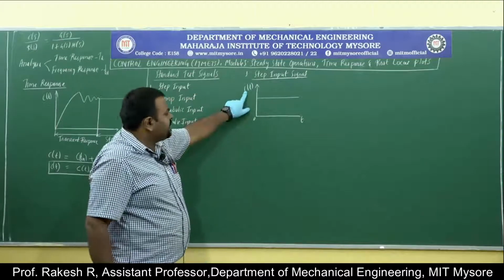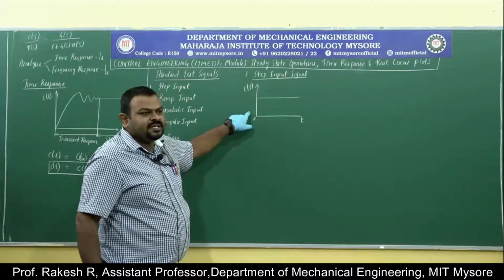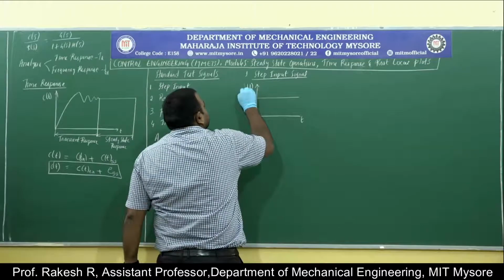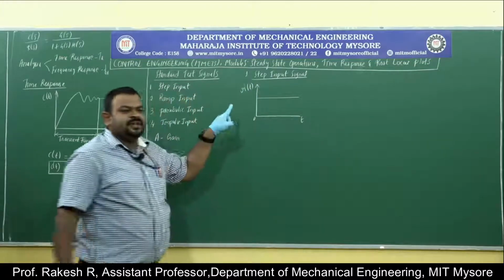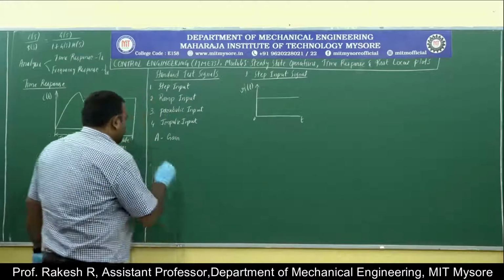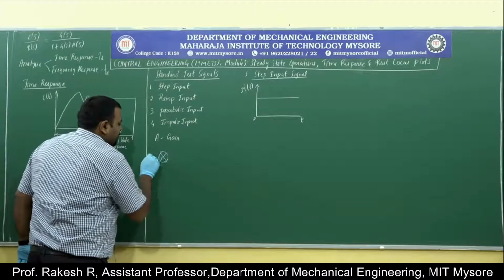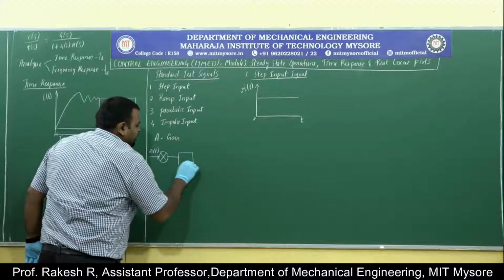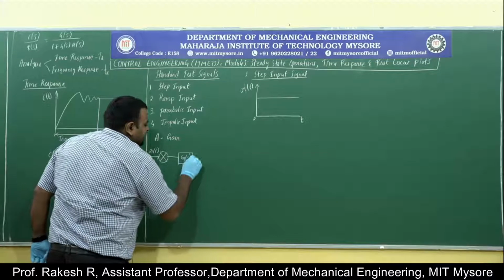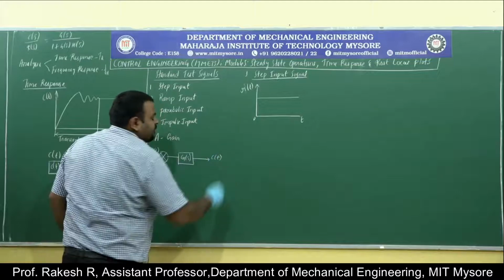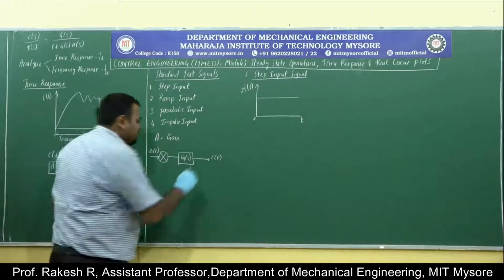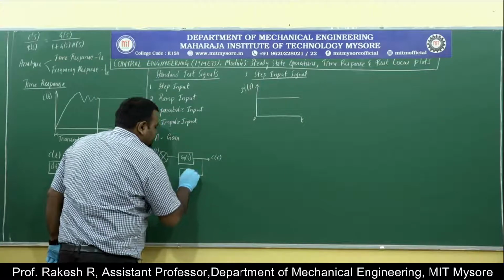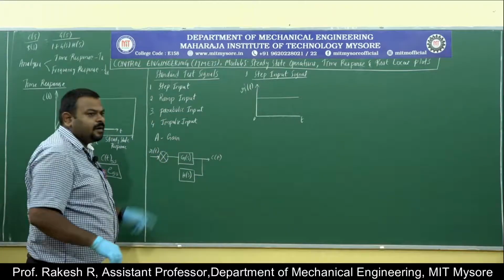Sometimes C of t is represented as the controlled output signal. For this specific purpose, I will be using R of t, the reference input signal. If you recall the block diagram, it consists of R of t. The transfer function in the forward path is G of s. Then C of t is the controlled output signal. Then H of s is the transfer function in the feedback path.